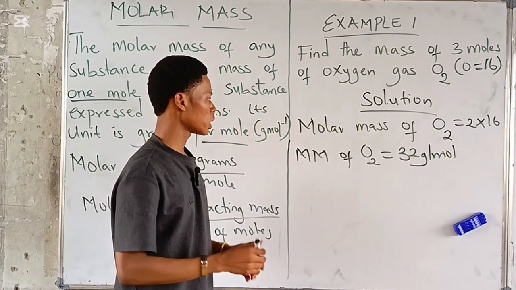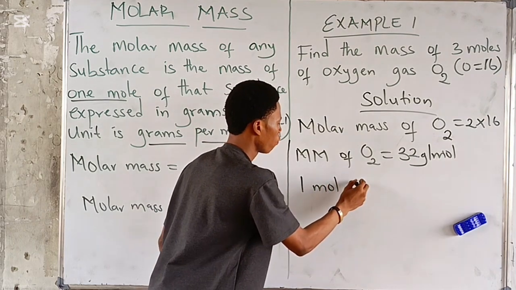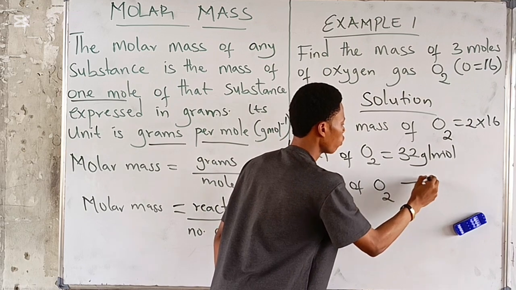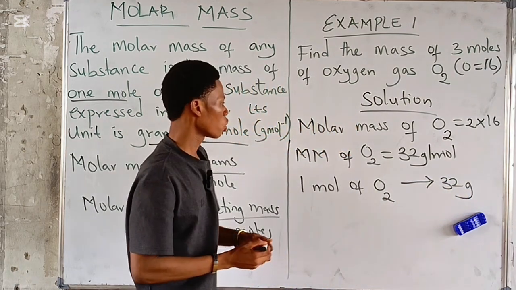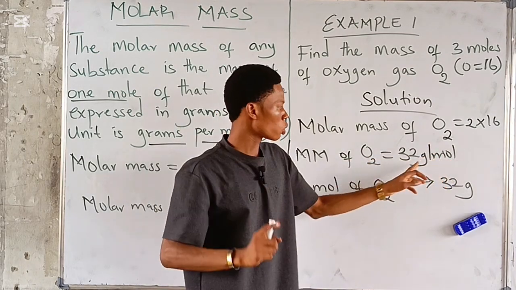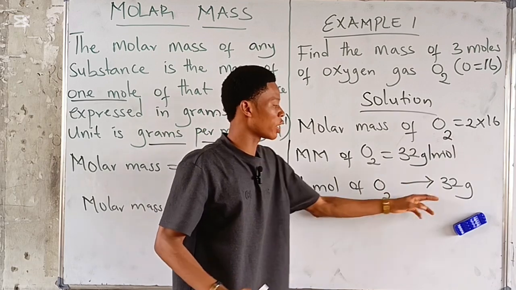What this simply means is that 1 mole of oxygen will give us 32 grams, because we said 32 grams per mole. Per means 1 mole. So in 1 mole of O2, we have 32 grams.